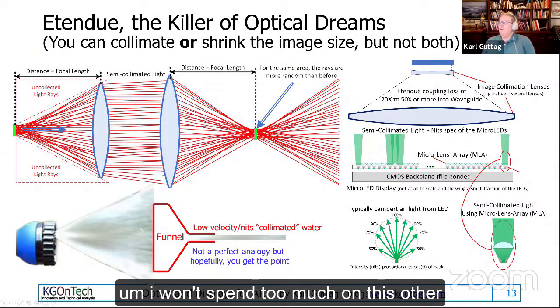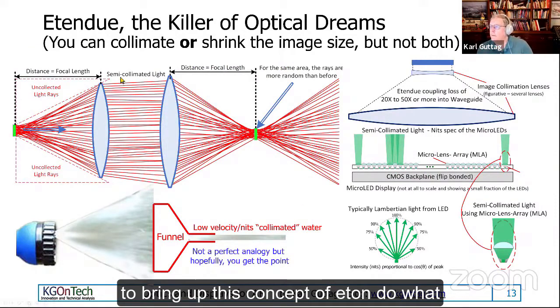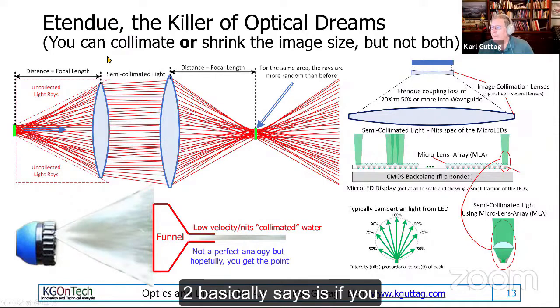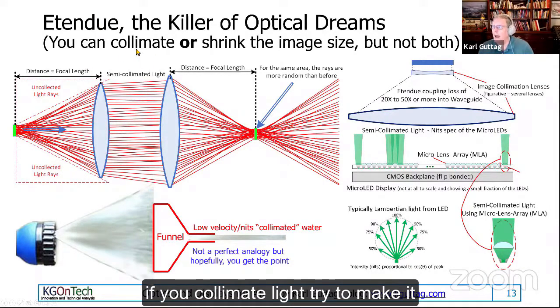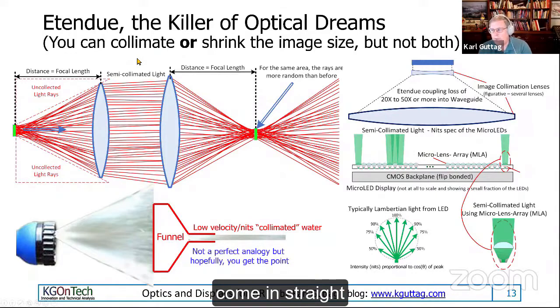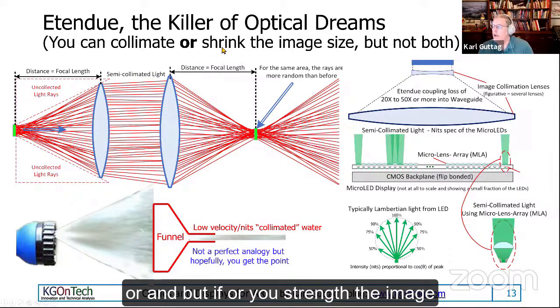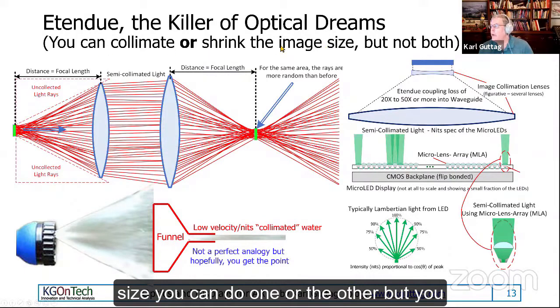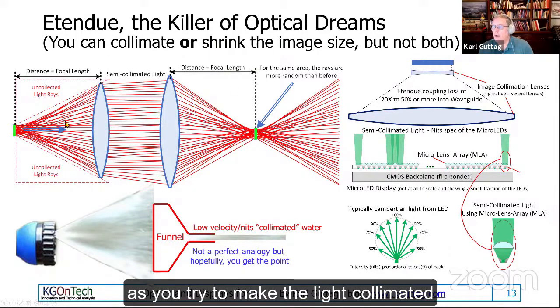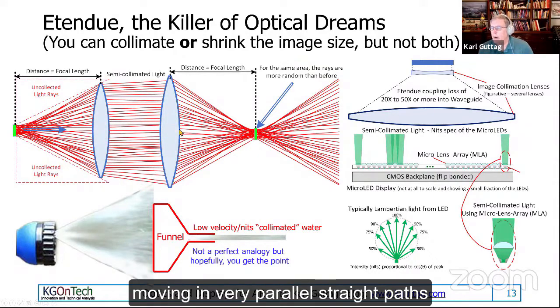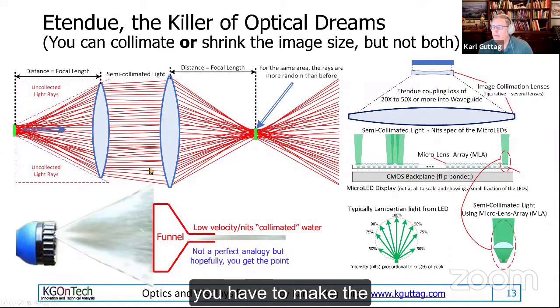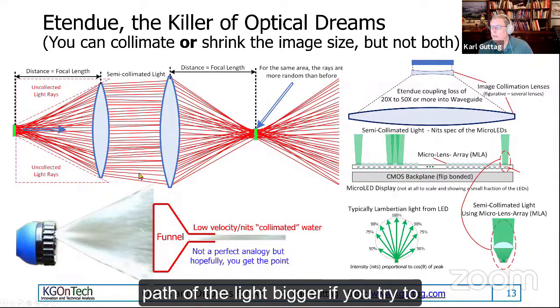I won't spend too much on this other than to bring up this concept of étendue. What étendue basically says is if you collimate light, try to make it come in straight, or you shrink the image size, you can do one or the other, but you can't do both. As you try to make the light collimated, or moving in very parallel straight paths, you have to make the path of the light bigger.